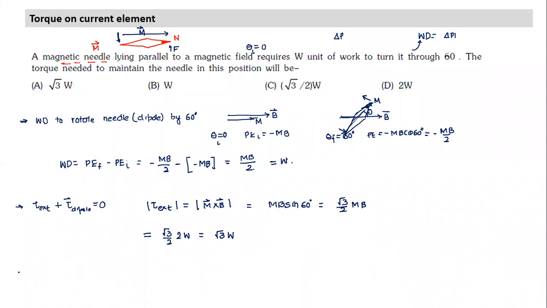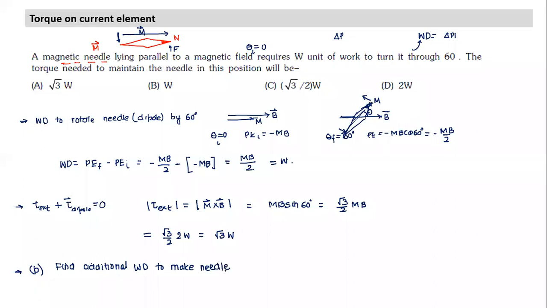If I extend this question, suppose I ask another question. Part B I add. Work done to rotate by 60 degrees is W. Now, if I extend the question, I ask you, find the additional work done to make the needle perpendicular to the magnetic field.